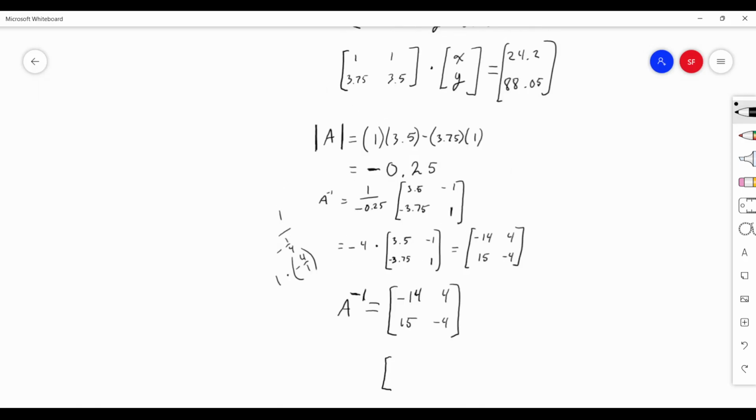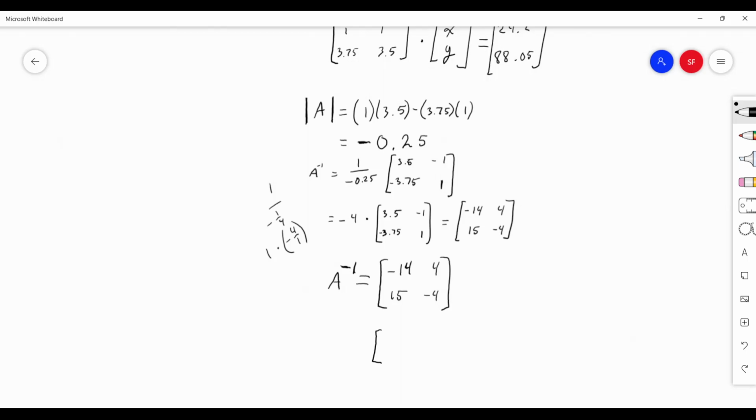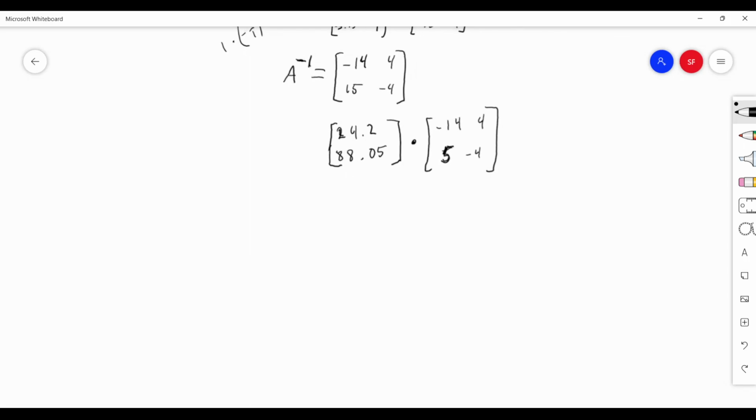B in our problem was 24.2, 88.05, and we're multiplying that times the inverse of A. Negative 14, 4, 15, negative 4. Sorry for the ugly handwriting.